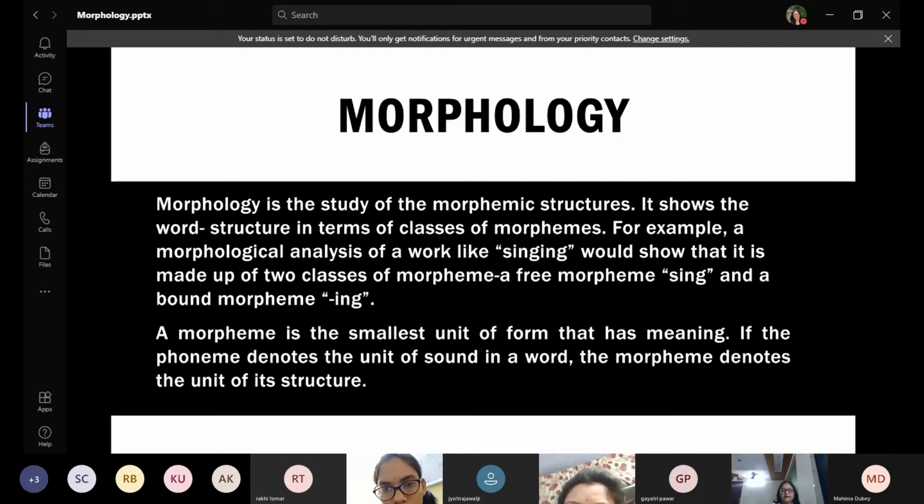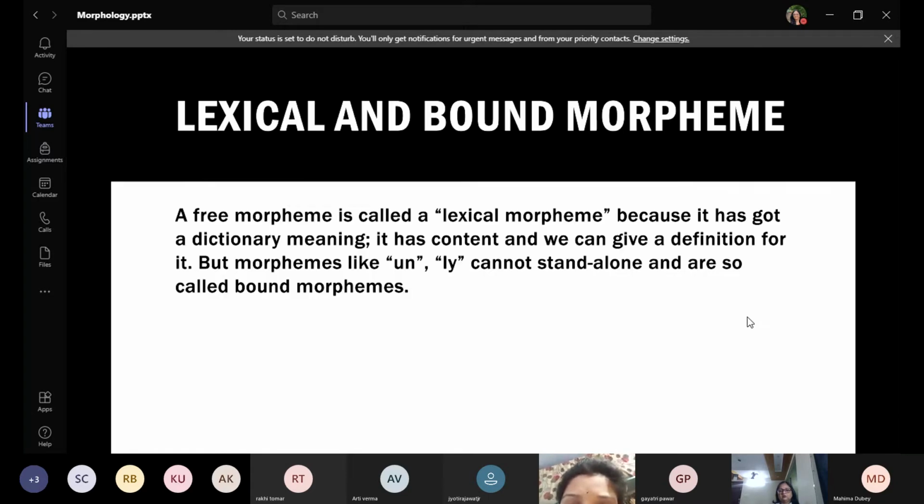There is no such word like ing-sing. But when you attach the ing morpheme after sing, in a sequence, it works. If the ing morpheme comes before sing, it has got no meaning, right? So the morpheme denotes the unit of its structure.